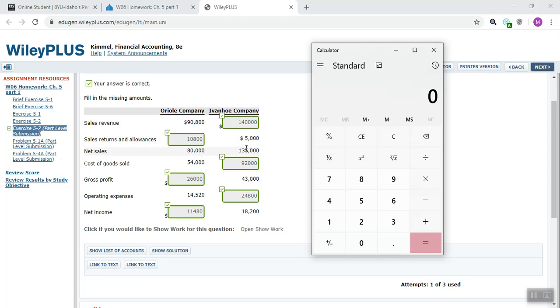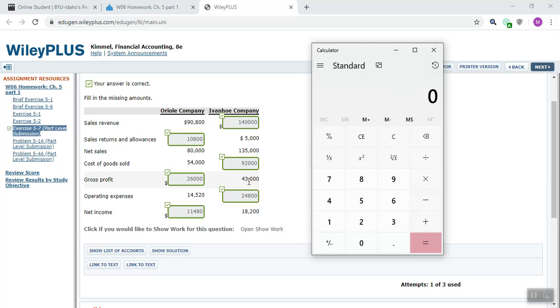So if you add these two numbers up, it'll give you 140,000. Basically, 140,000 minus 5,000 gives you 135,000, which is the net sales.